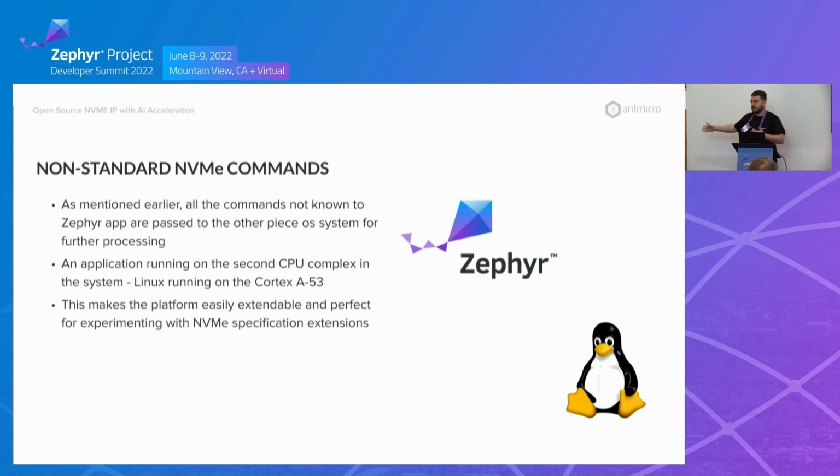Of course, we have Renode, so we can debug things to some extent quite easily, but still, experimenting and iterating with embedded software is not that easy. So we thought, what if we can delegate all the unknown commands to Linux? We have the second CPU. We have the Cortex-A53, which is quite a powerful CPU. It's a quad-core, 64-bit ARM.